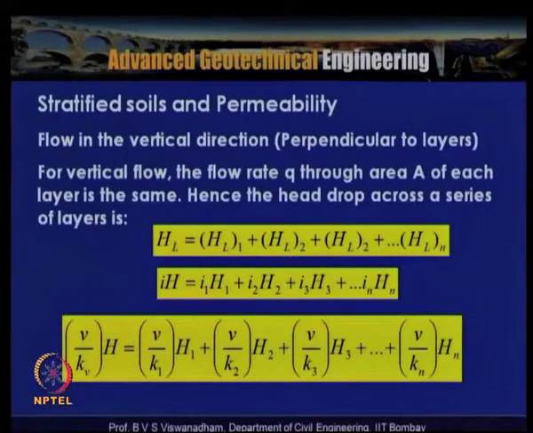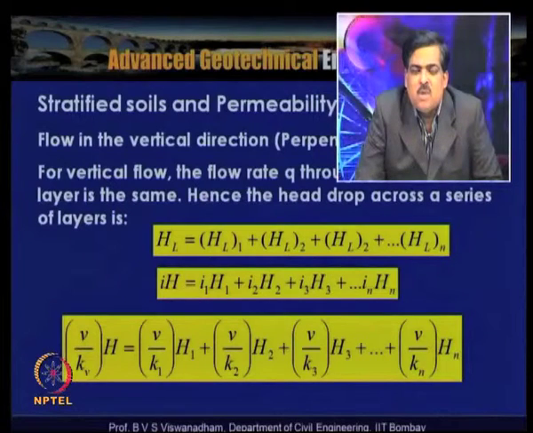So the head drop across a series of layers, that is the head loss in layer 1, and the total head loss is equal to head loss in layer 1 plus head loss in layer 2 so on to head loss in layer n. We can write i is equal to delta H by L, where L is the thickness of the layer.